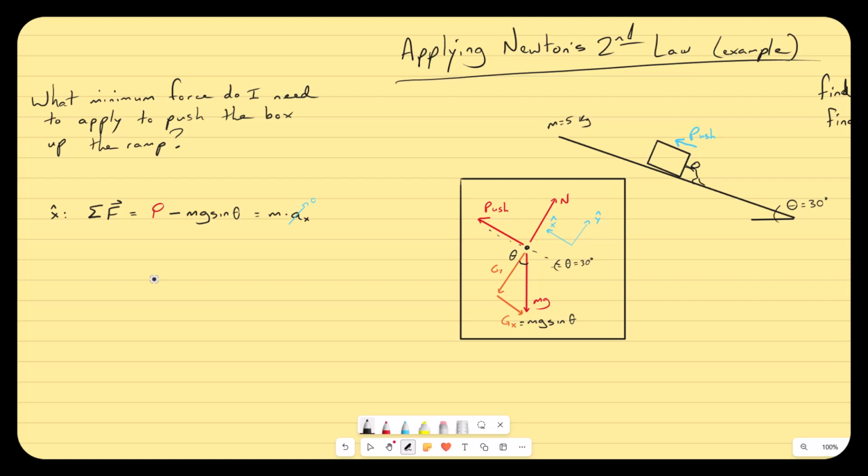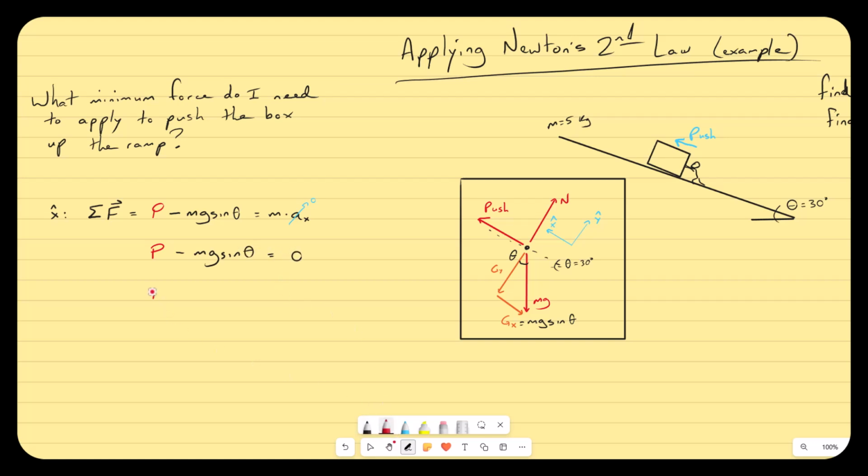And that's how we solve these problems, really, is we say, let's find the threshold value, and that's the minimum force. So I'm going to solve this thing. I've got push force minus mg sine theta equals 0.